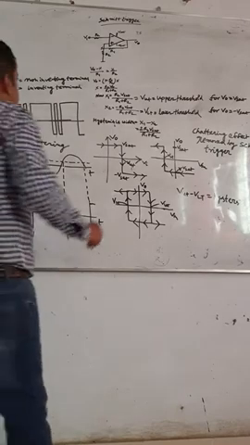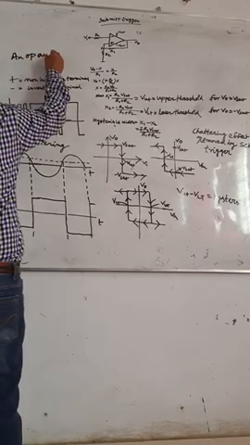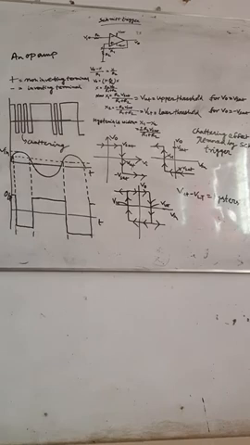An op-amp is known as an operational amplifier. It has two terminals. One is the non-inverting terminal. Why non-inverting? Because if you give any wave, like a sine wave or cosine wave, it will give you that same wave only.